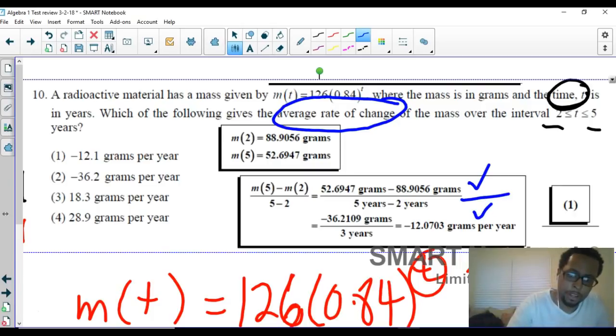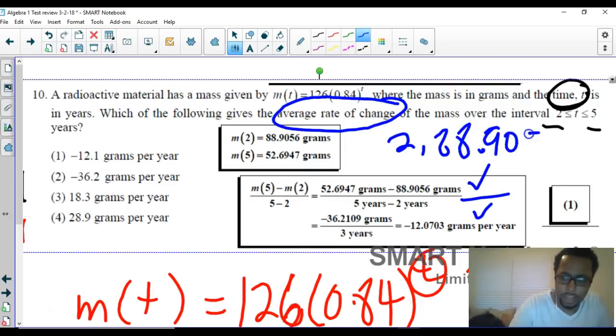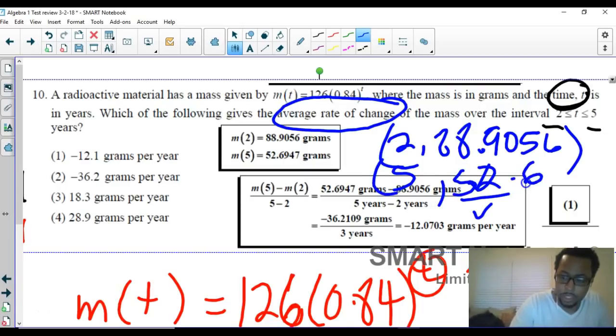So what does that mean? That means at 2 years, I had 88.9056. That was my first coordinate. At 5, I had 52.6947.